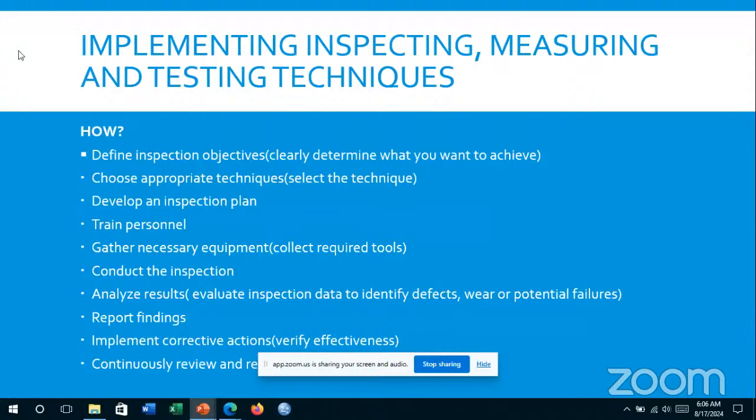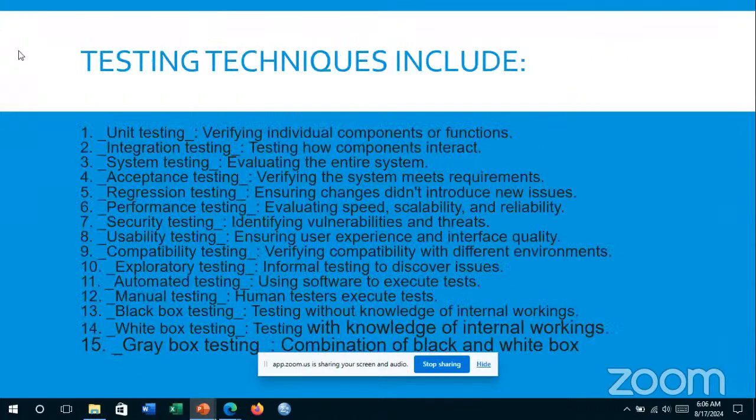When you are testing, you need to test technically through unit testing, the one where we verify individual components or functions. Integration testing, that's when we test how components interact. System testing will point towards evaluating the entire system. Acceptance testing will help in verifying the system meets requirements.